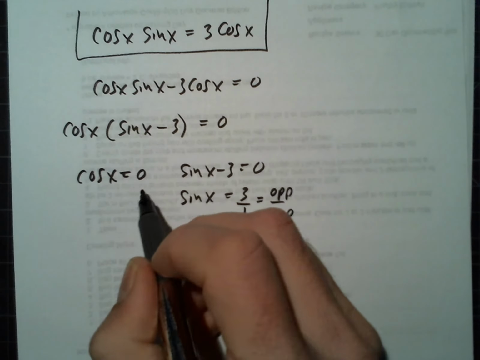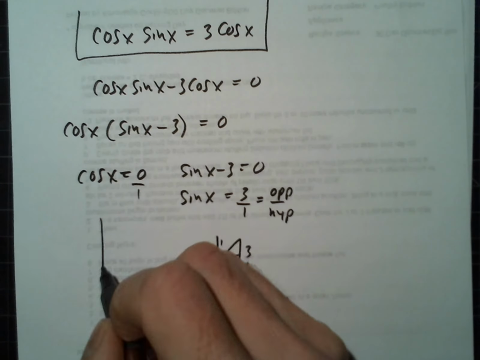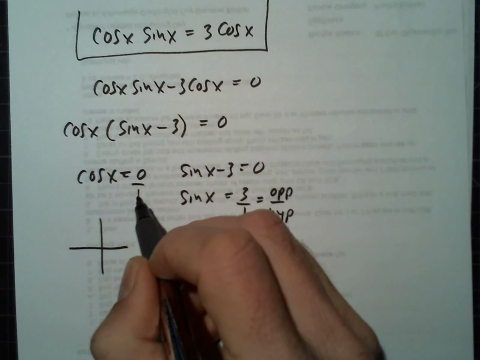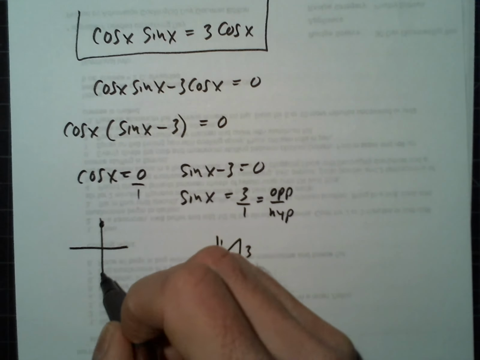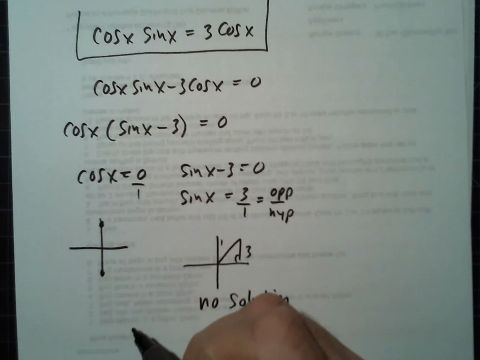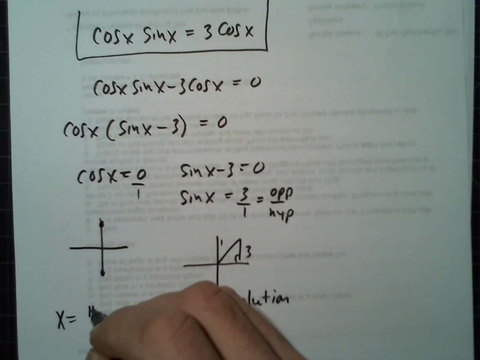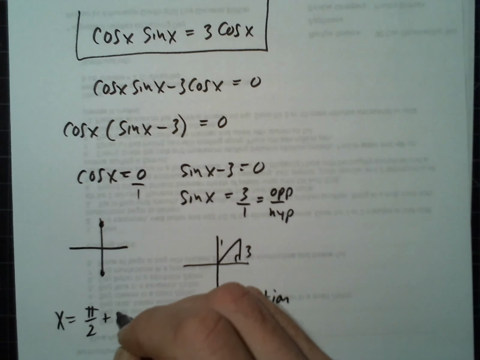And when cosine equals 0, we have x is 0, r is 1, and we're back like we had on the previous problem. And that'll give us pi over 2 plus pi n.